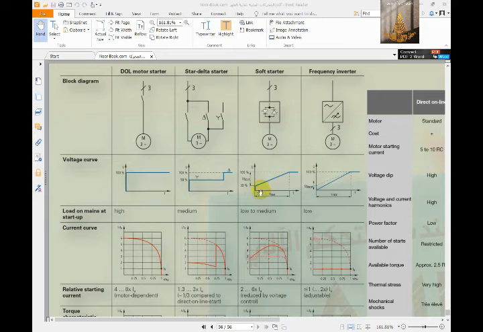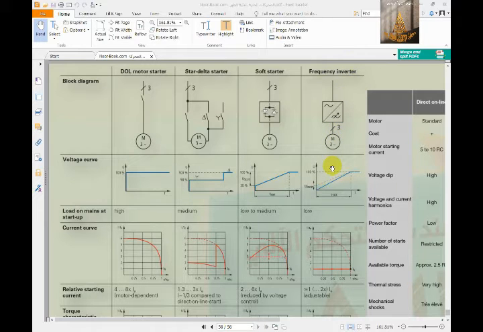You have to know that it is not starting from 0 to 100% softly. That happens for the frequency inverter only.